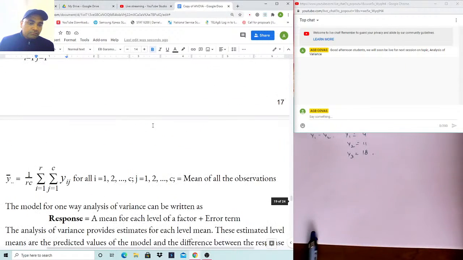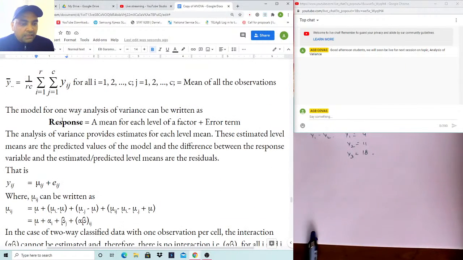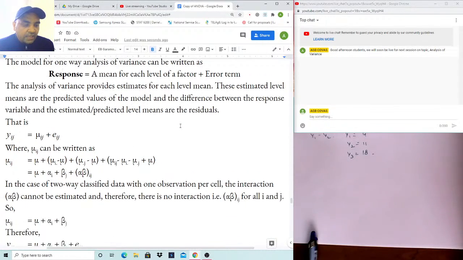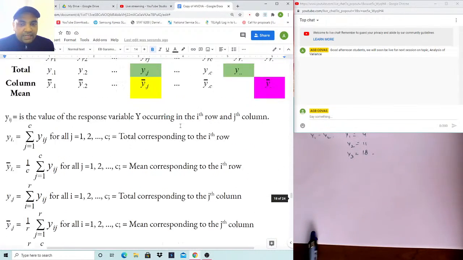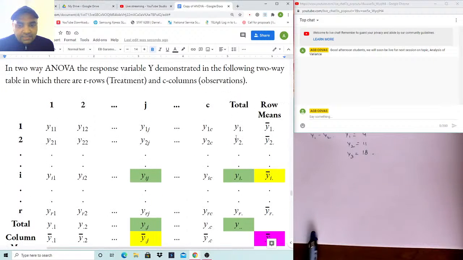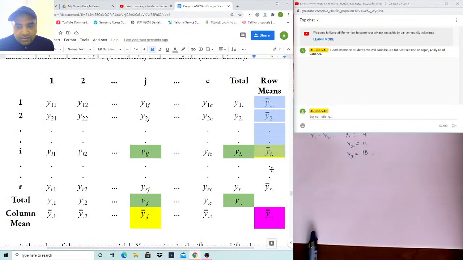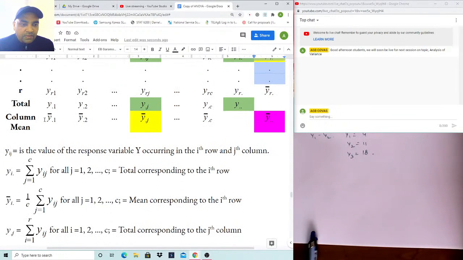Let us see. So here the response depends upon the mean for each level of factor. Whatever deviations from the total mean you get on this side are designated as alpha. And the deviations from the overall mean you get on the below side will be designated as beta.